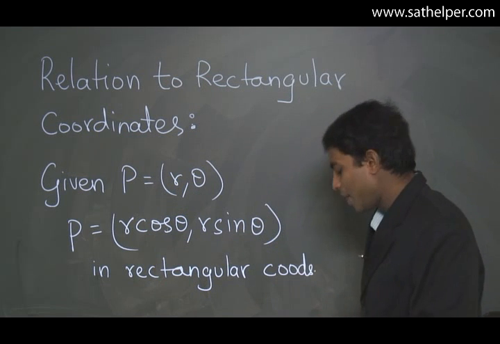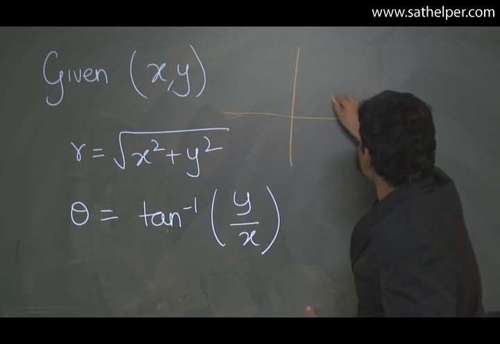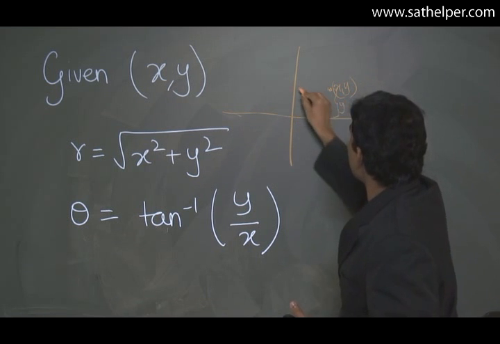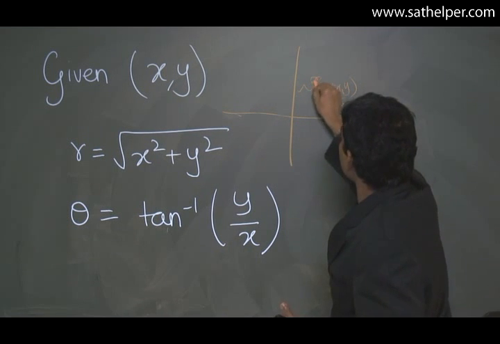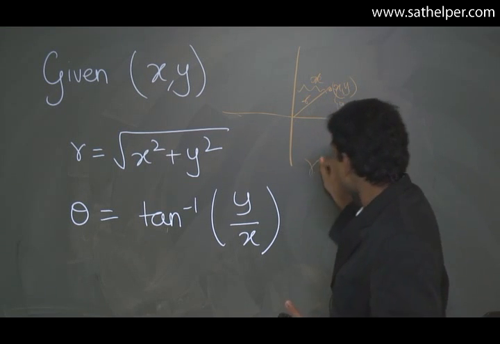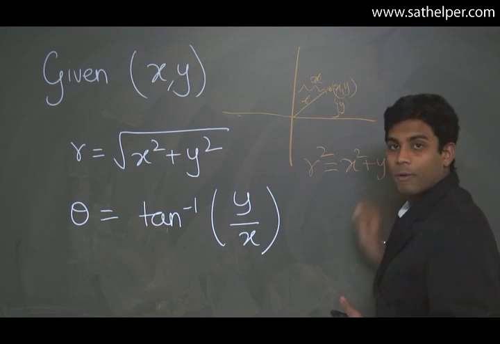So given a point in rectangular coordinates, that is, you know the point here as x comma y, this distance is y and this distance is x, right? Therefore, what is the value of r? By Pythagoras theorem, r squared is equal to x squared plus y squared, right?